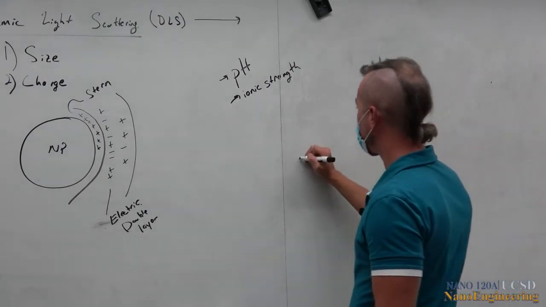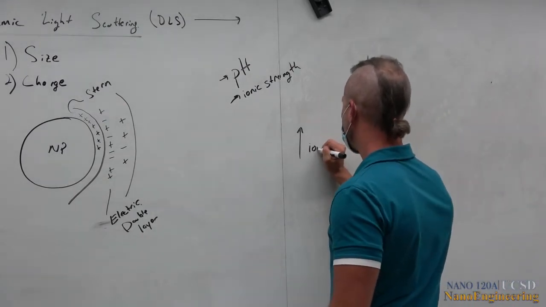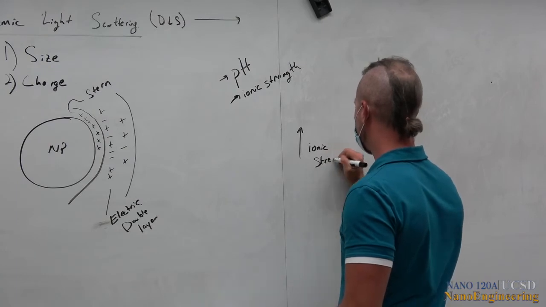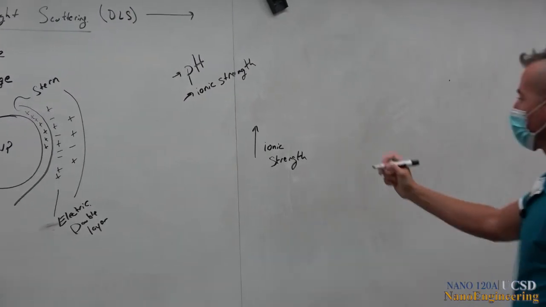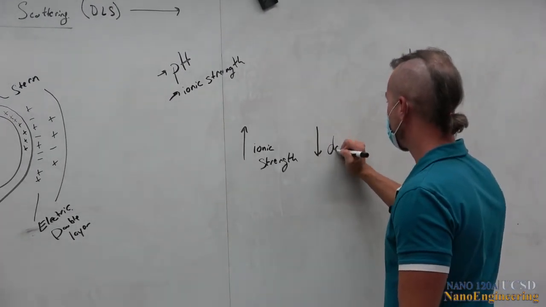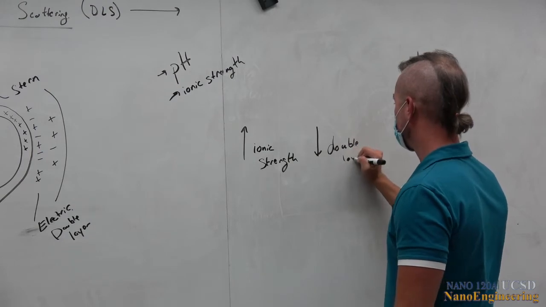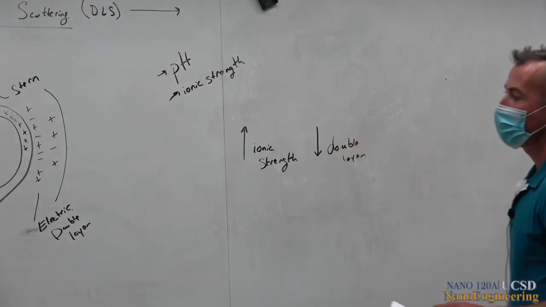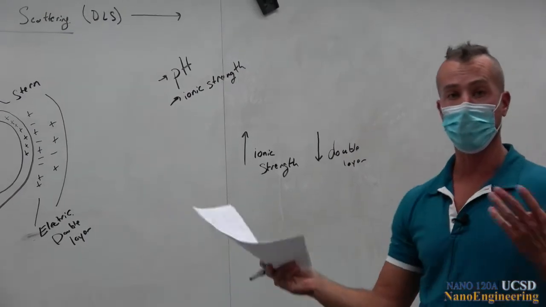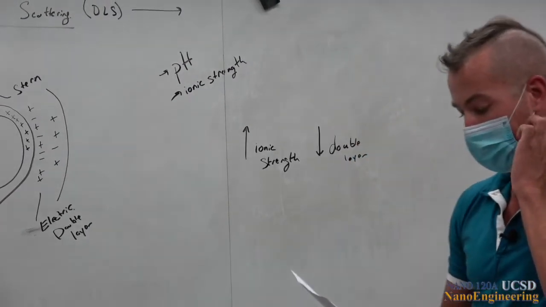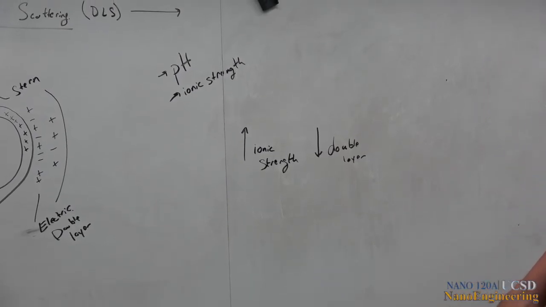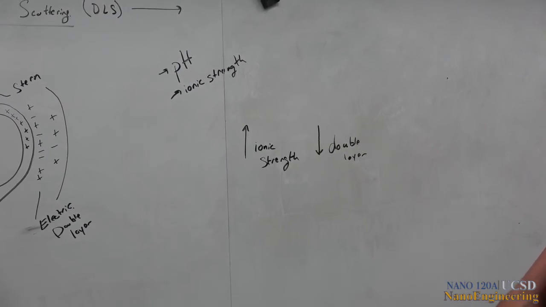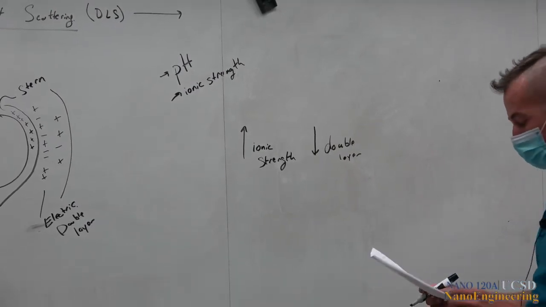So as we increase ionic strength, we're going to decrease the double layer, right? And we talked about how that will give us a smaller size, or at least a smaller hydrodynamic radius in the size characterization. Okay? But it can also dramatically affect the zeta potential.